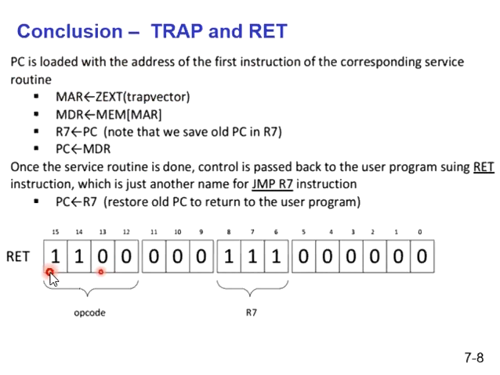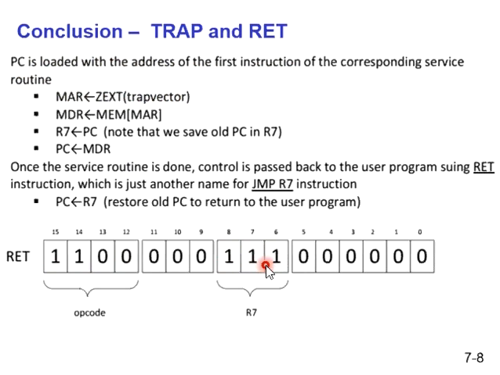The opcode of return is 1100, and of course before going to trap, you must set the register R7 to the PC. So when you call return, we have to store the register R7 back to the current PC.